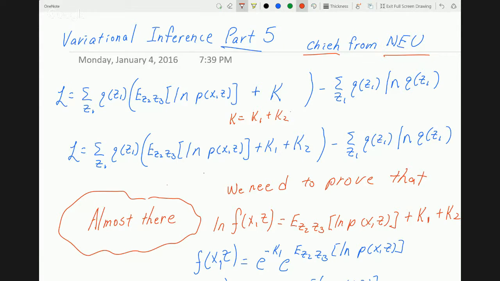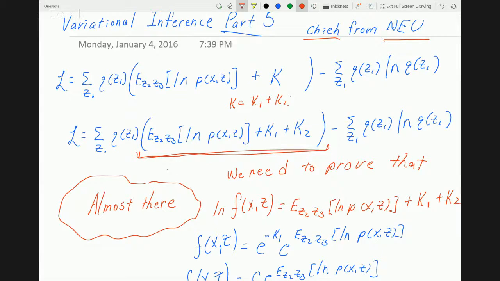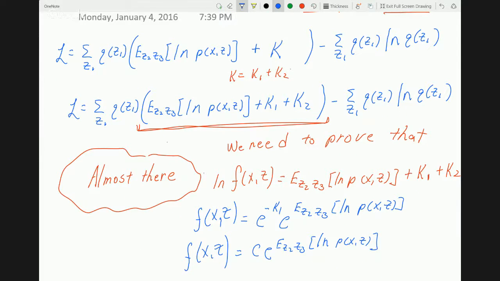And we're really going to concentrate on this section here. So let's look at this part for now. And I want to show that this is equal to the log of some function.